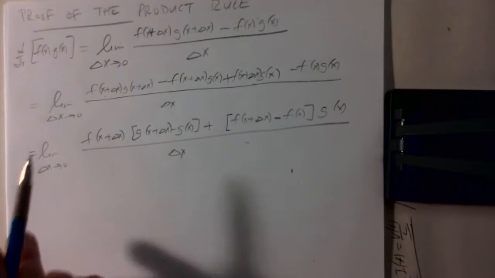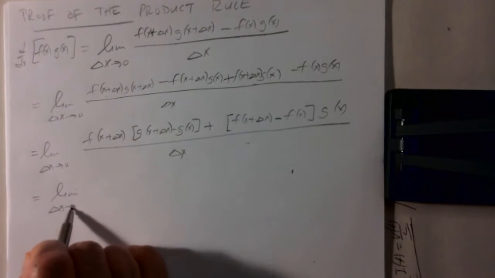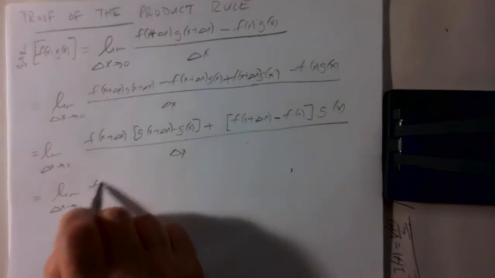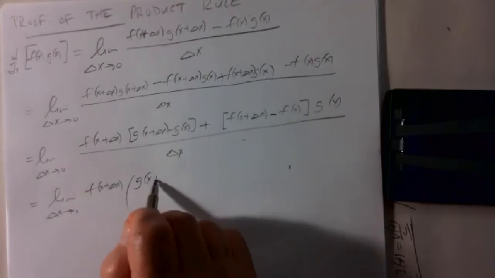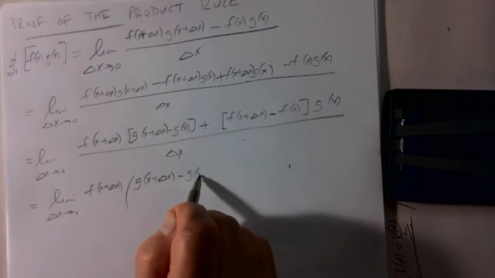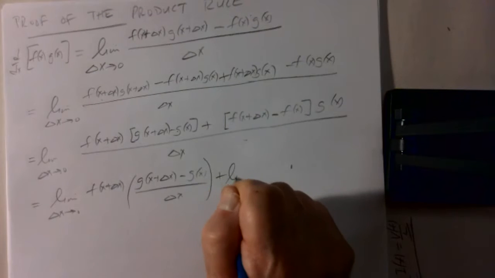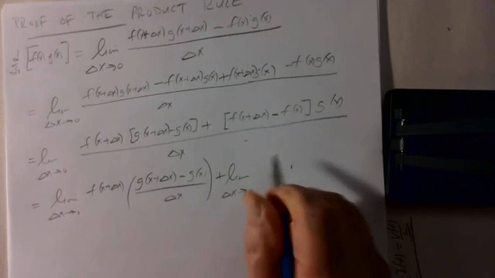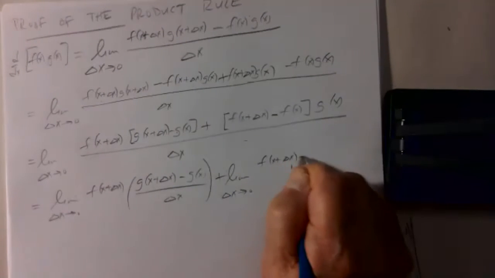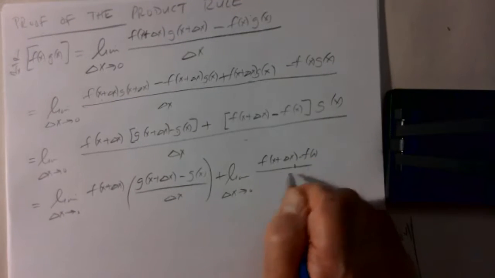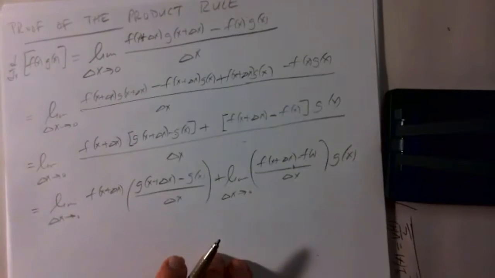And I can write the limit of the sum as the sum of the limits. This is the limit as delta x goes to 0 of this first term, f of x plus delta x times g of x plus delta x minus g of x over delta x, plus the limit as delta x goes to 0 for the second term, f of x plus delta x minus f of x over delta x times g of x.